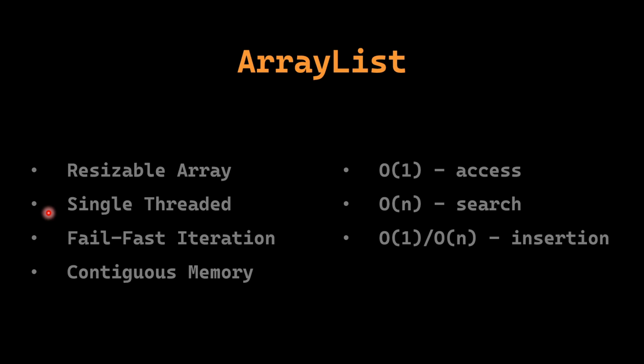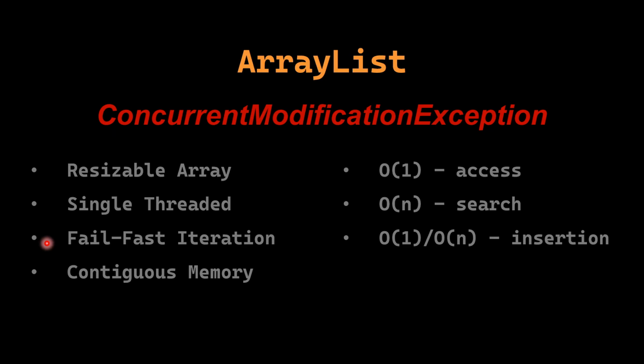Now, regarding its behavior under modification, ArrayList implements a fail-fast iteration model, meaning iterators throw ConcurrentModificationException. What is ConcurrentModificationException? It occurs when a collection's structural modification count changes unexpectedly during iteration.